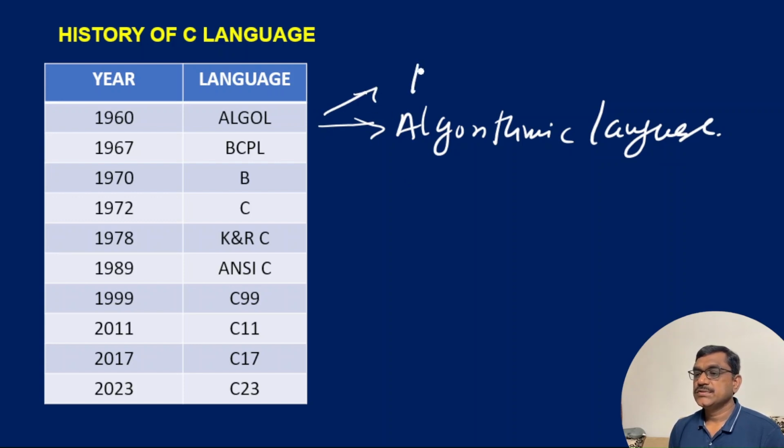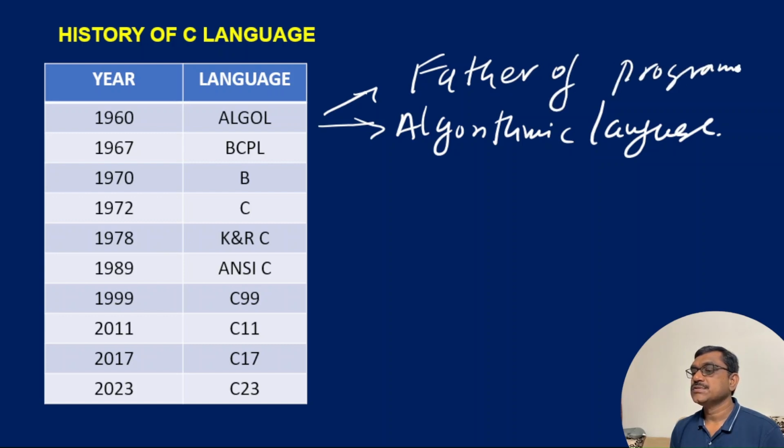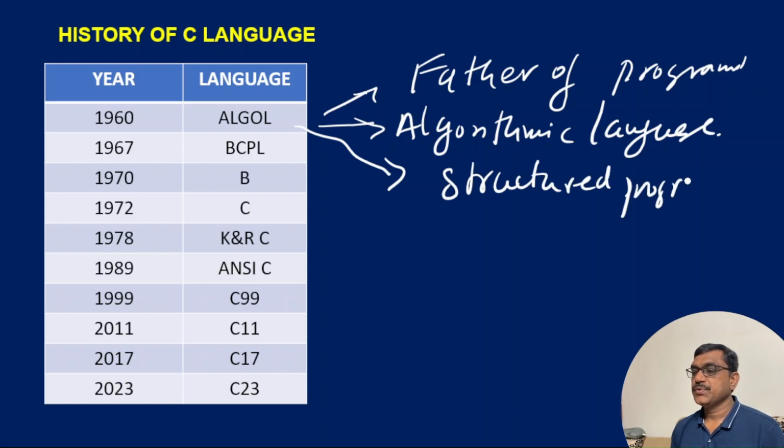It is also known as the father of programming languages. Why is it the father of programming languages? Because it is the first programming language. And ALGOL also used the concept of structured programming.